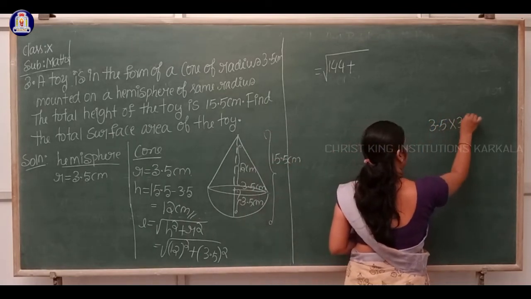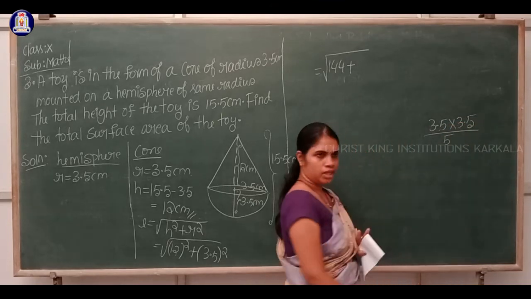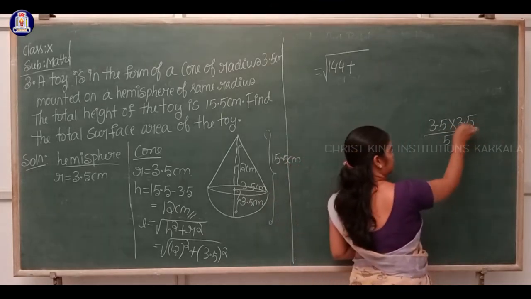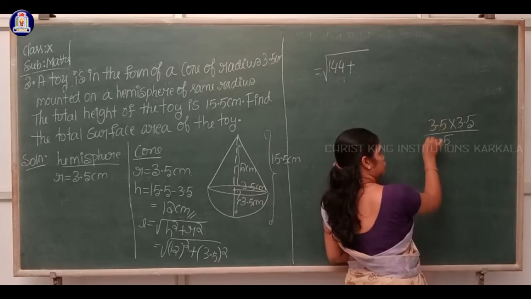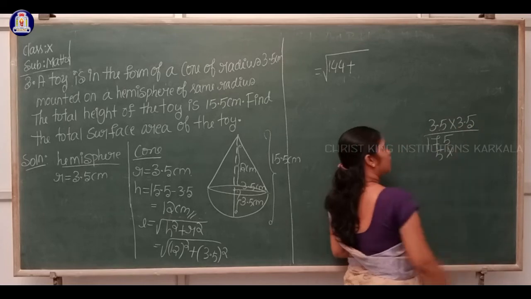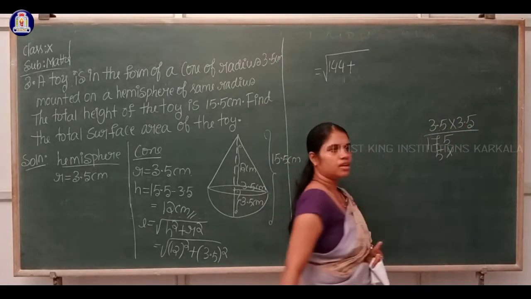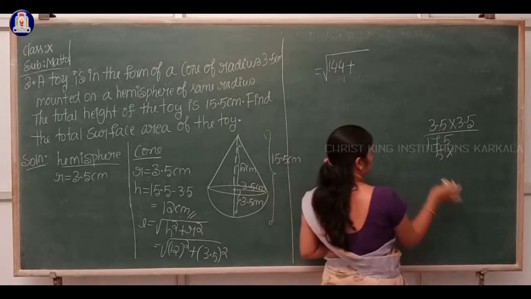3.5 into 3.5: 5 5s are 25, 2 carrying, 5 3s are 15, 15 plus 2 how much? 17. Next again 5 3s are 15, 1 carrying, 3 3s are 9, 9 plus 1 how much? 10.